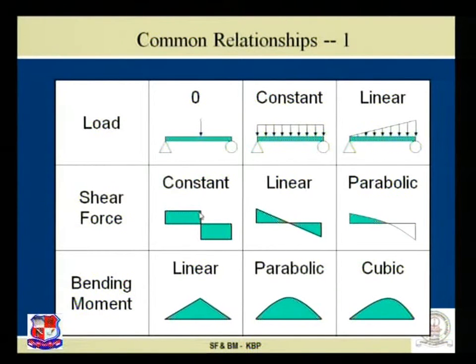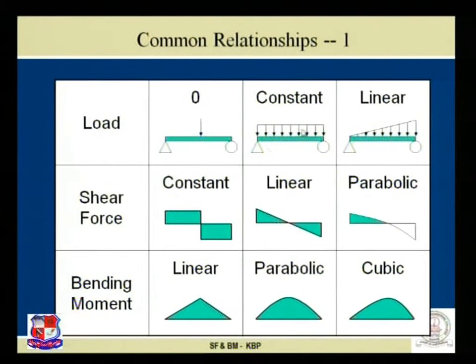Another observation is that at a point load the shear force changes suddenly, while for bending moment, between two point loads where there is no load, the bending moment variation is given by an inclined straight line, which is shown over here clearly.